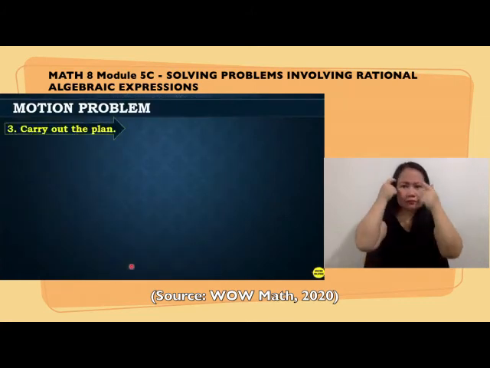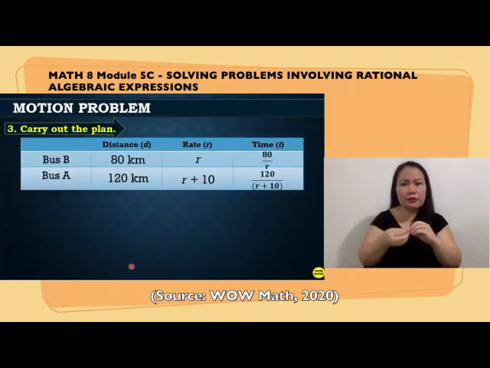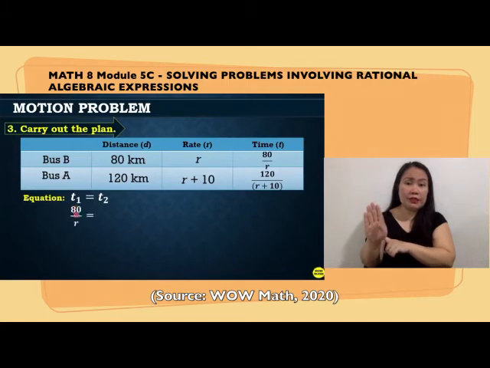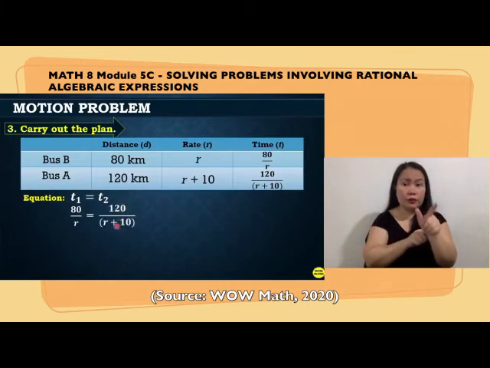Alright, let us solve. So, let us carry out the plan. So, this is our given. So, ito ang ating equation. So, our time ni bus B ay 80 over R is equal to the time of our bus A, which is 120 over R plus 10.